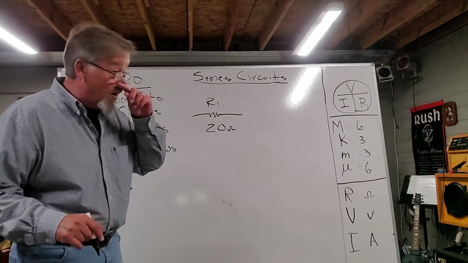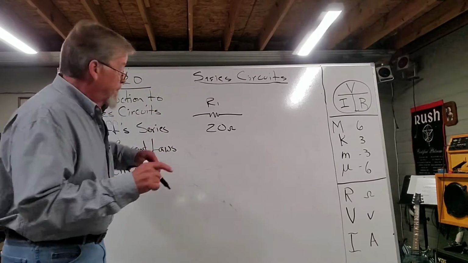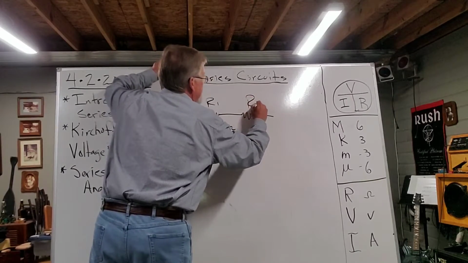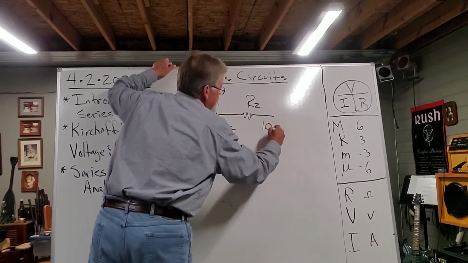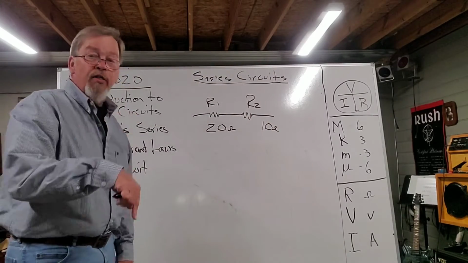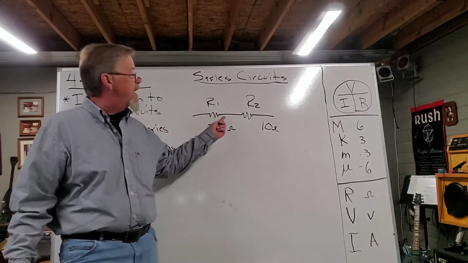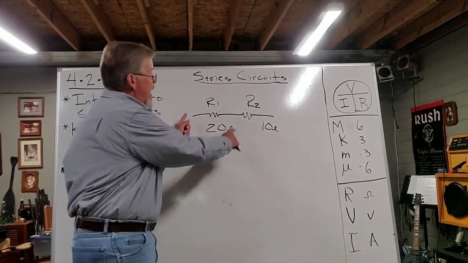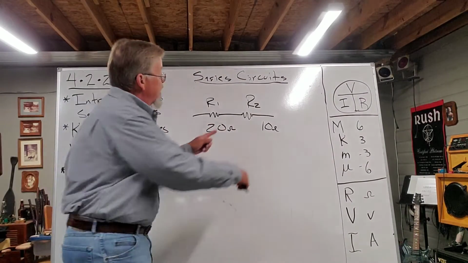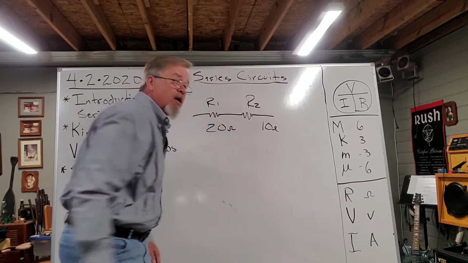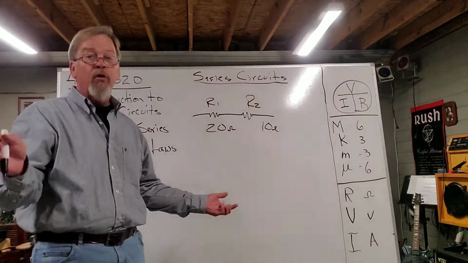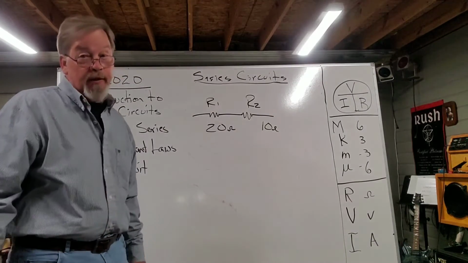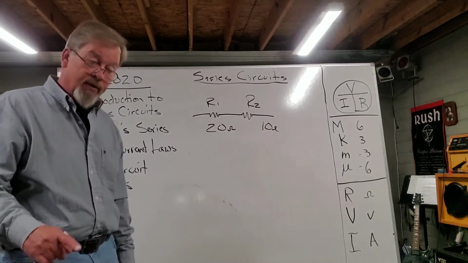All right, so now let's say I put another resistor in the same path as that 20 ohm resistor. So I had 20 ohms and I put 10 more. How much resistance total do I have in that circuit? 30 ohms.